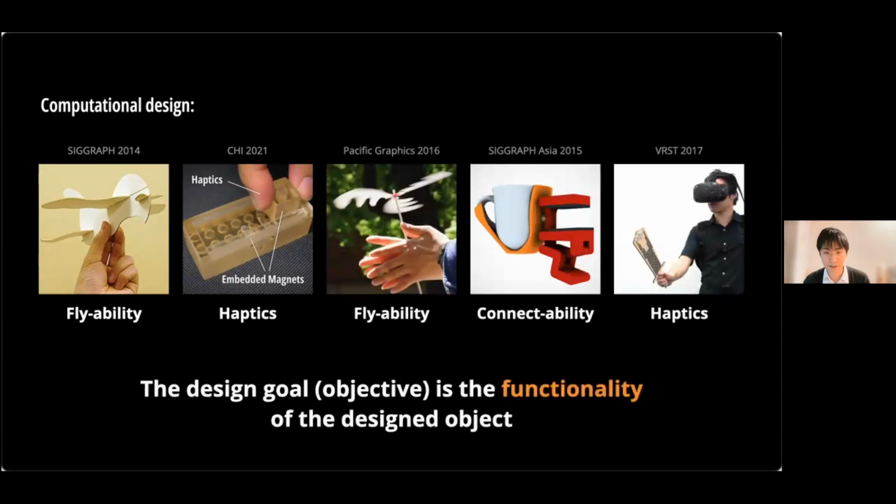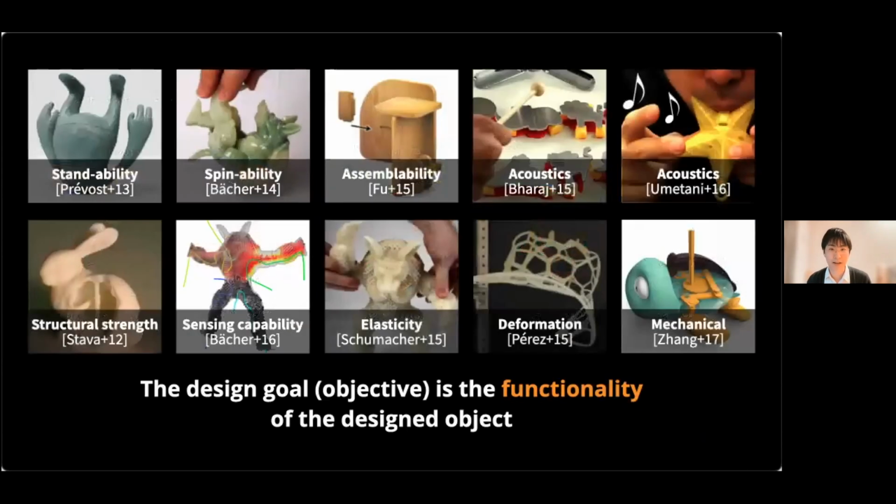In these projects, the design goal was the functionality of designed objects. And similarly, many researchers in the computer graphics community have formulated various functionality of designed objects and solved optimization problems.